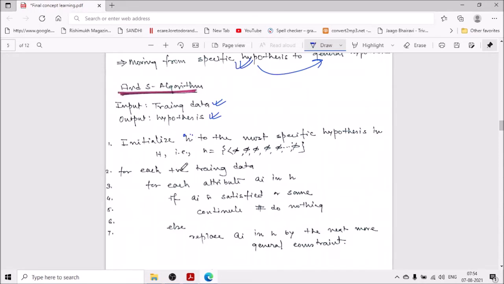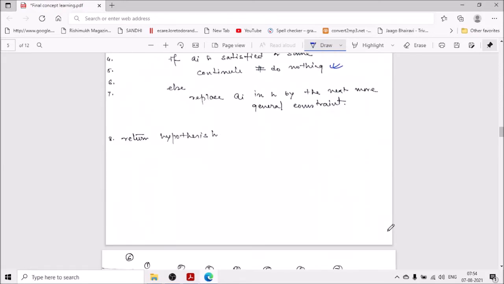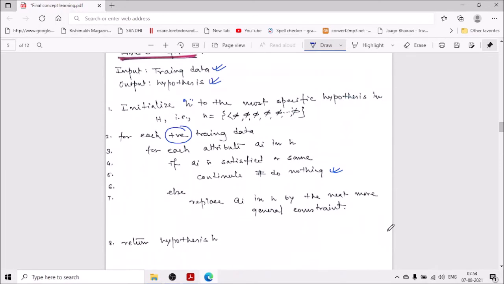Now for each positive training example, remember, in the Find-S algorithm we always consider the positive examples. For each attribute ai in h, if ai is satisfied, then continue or do nothing. Else replace ai in h by the next more general constraint. Finally, return the hypothesis h.